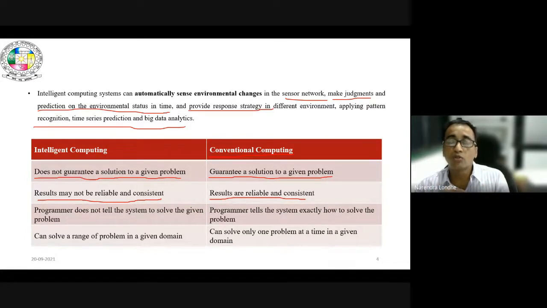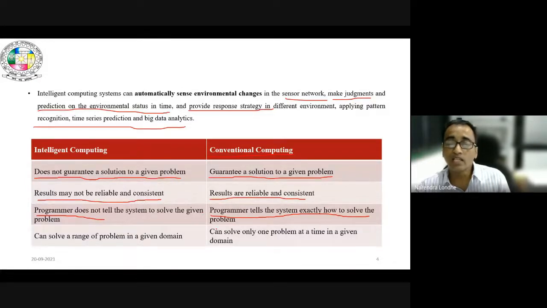It was not welcome. But now, with increasing reliability and consistency of its performance, it is gradually getting accepted, right? And the third thing is that the programmer in conventional computing tells the system exactly how to solve the problem, while in intelligent computing, the programmer does not tell the system, because the system will solve the problem on its own intelligence.